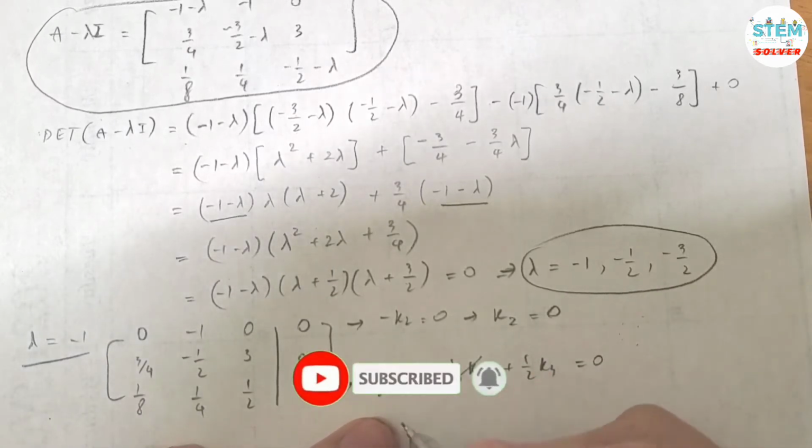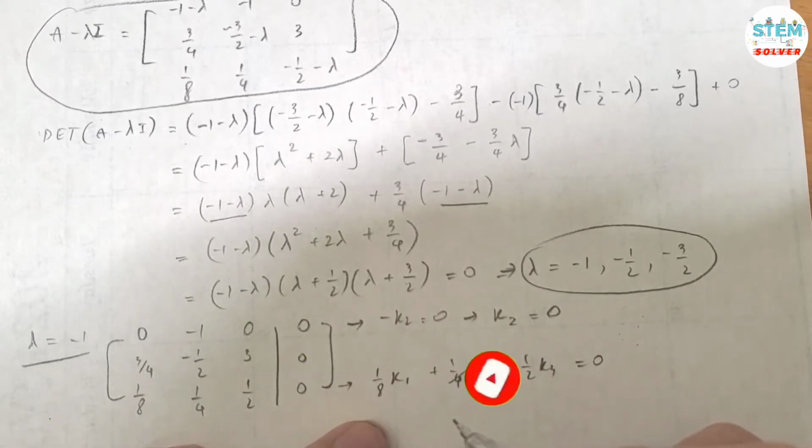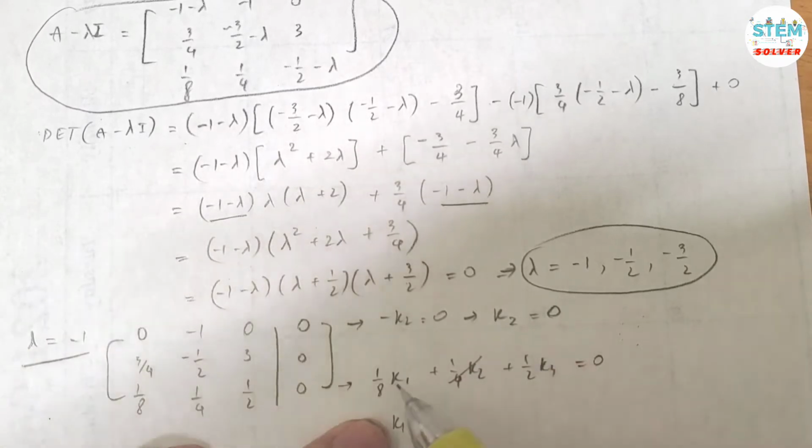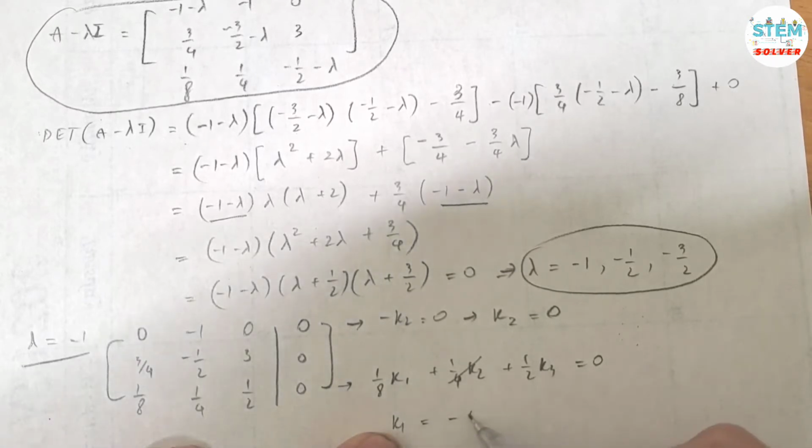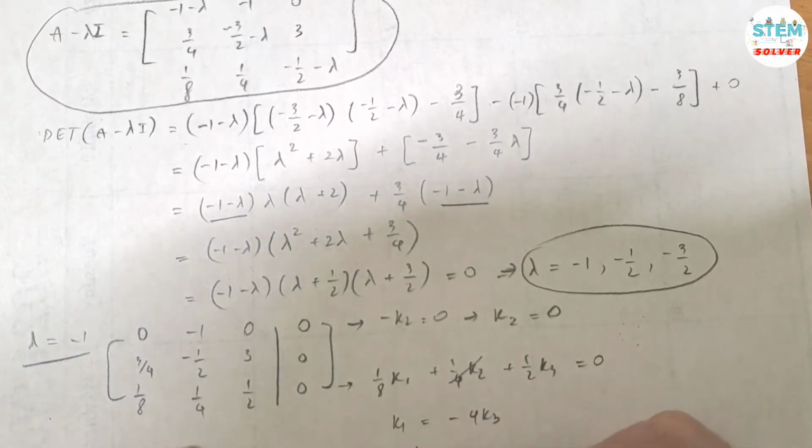Solve for k1: multiply this by 8, I get k1 equals -4 k3. Choose k3 equals 1, then my k1 is -4.